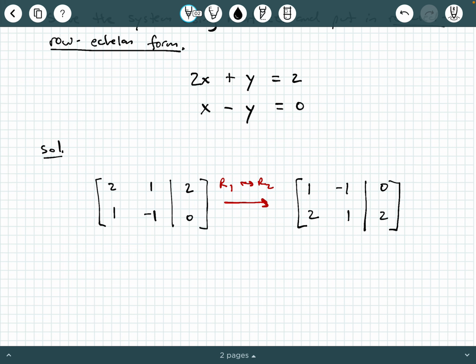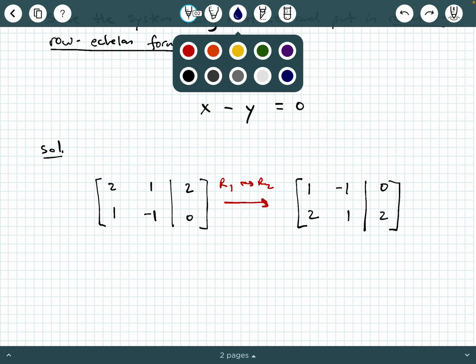Now, again, why did I do that? Well, we're trying to get this in reduced row echelon form. So what you want to make sure you do is you want this leading value here to be the number 1. That's the idea of reduced row echelon form, right? The main diagonal is all 1s. So let me just delete that little dashed circle. All right, what do we do next?